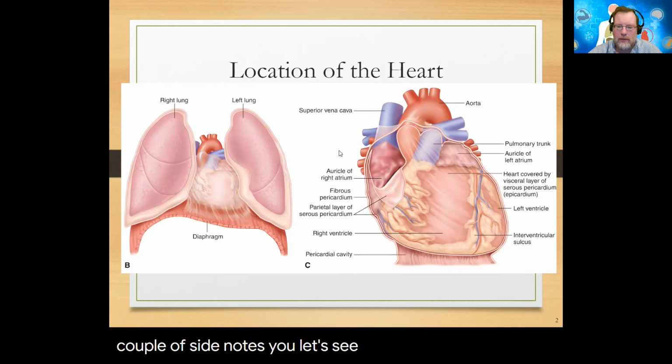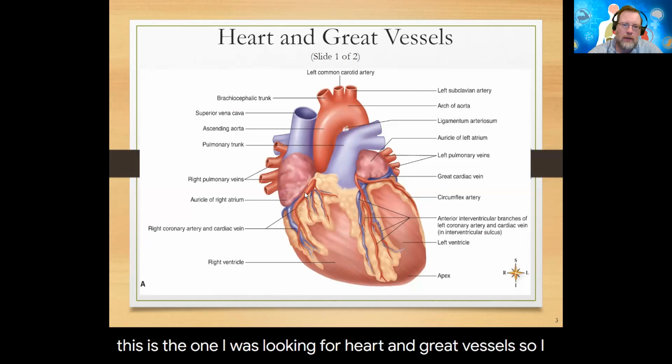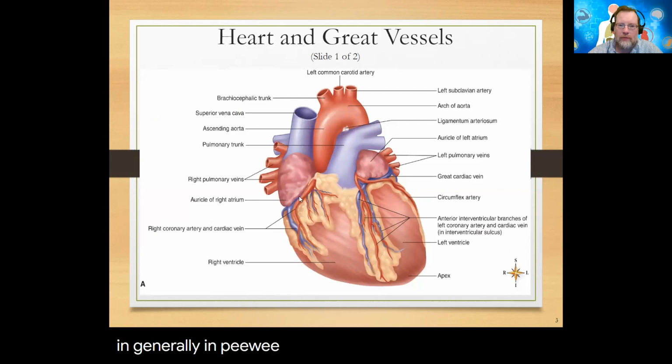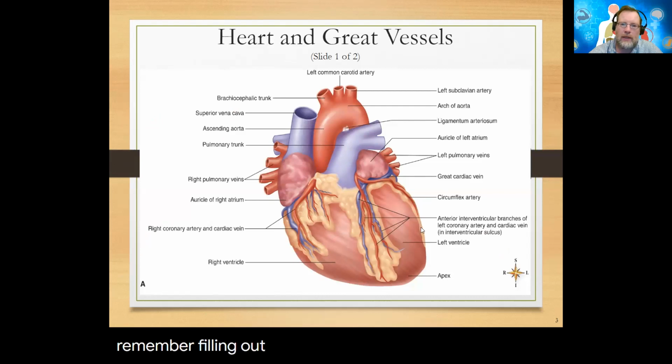Let's get into, here we go. This is the one I was looking for. Heart and great vessels. So in general EMP, we briefly discussed these coronary arteries. Those of you who had me for general may remember filling out a worksheet that identified some of these different cardiac or coronary arteries and cardiac veins.